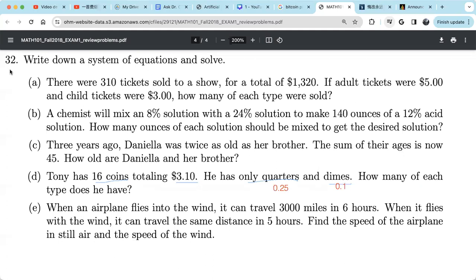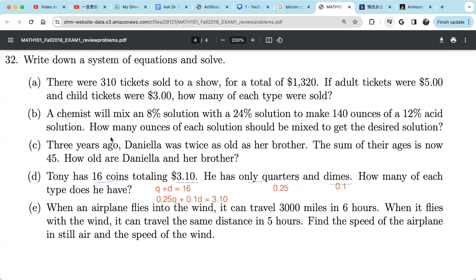So let's just call quarters Q, dimes D. So quarter plus dime, how many in total? 16 of them. Then what's the value? 0.25Q plus 0.1D equals $3.10.